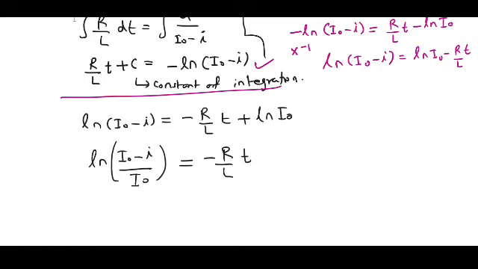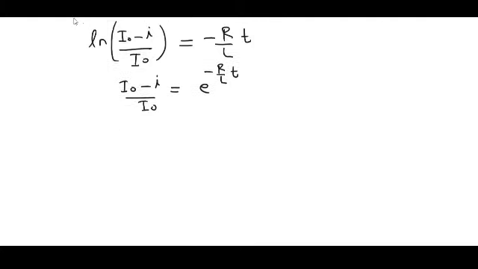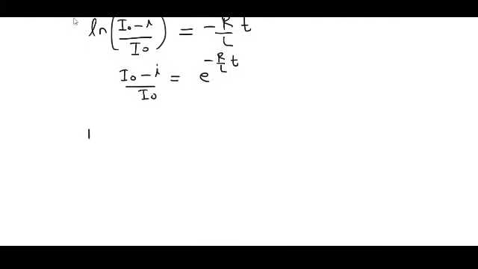That is, if I do the integration, this will be I0 minus I by I0 is equal to e power minus R by L t, or this can be written as I0 minus I is equal to I0 e power minus R by L t.